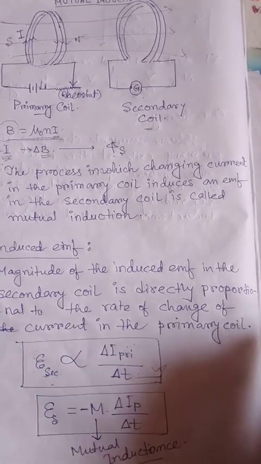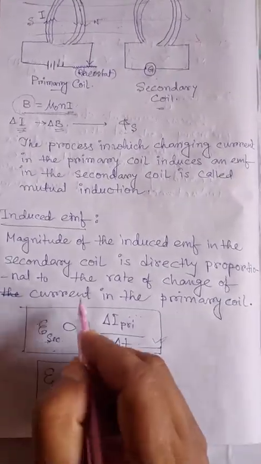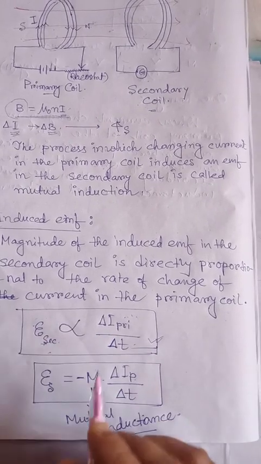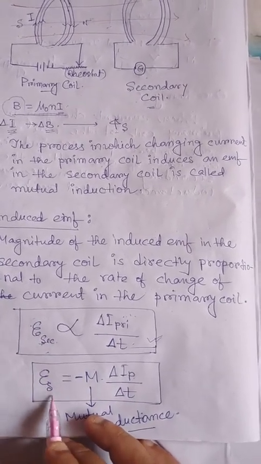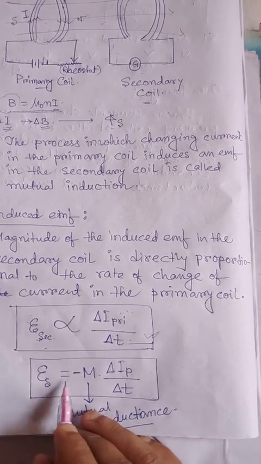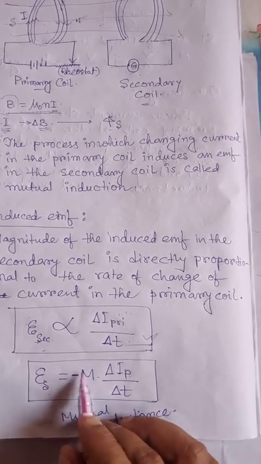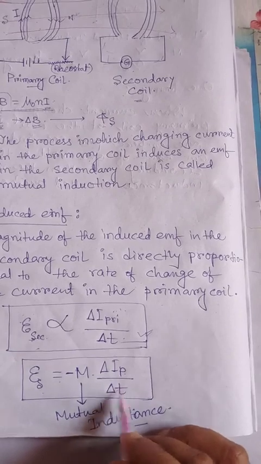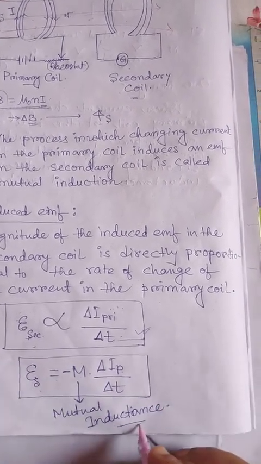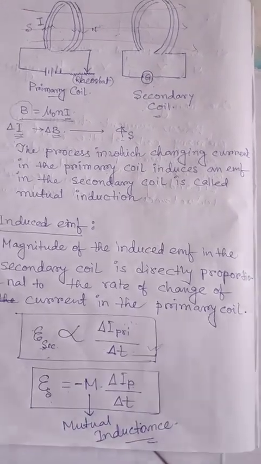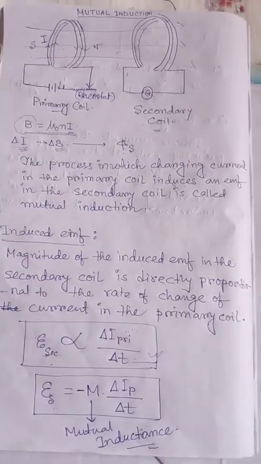Clear? So for that proportional relation, if we equate it, we can write the induced EMF in the secondary coil equal to a constant times the rate of change of current in the primary coil, and this constant M is called mutual inductance. The process is called mutual induction.